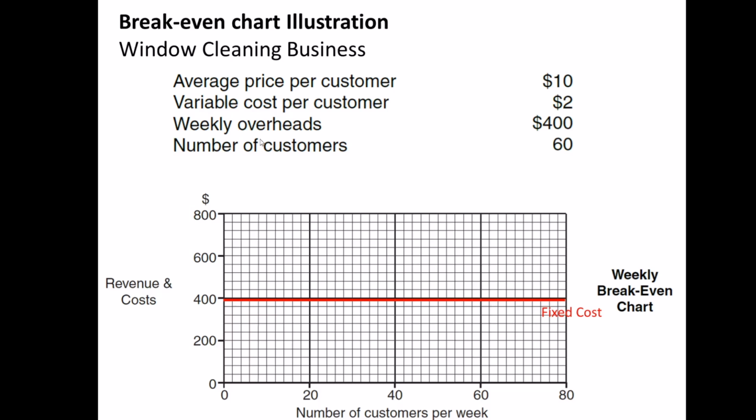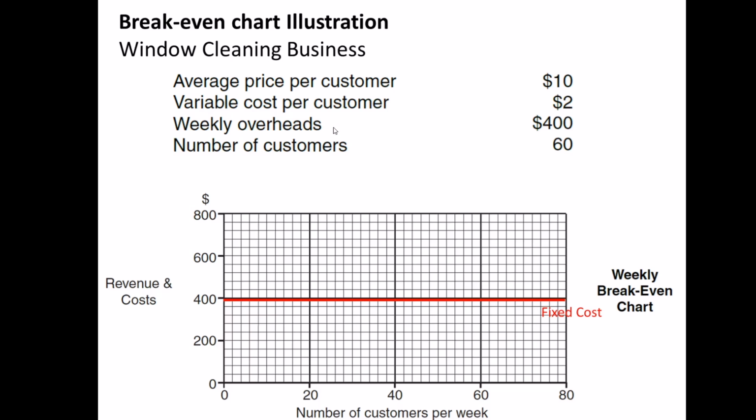Well, it depends on how they describe the cost. But here, because they said weekly overheads, it is like a routine cost weekly. So we assume that's a fixed cost. Of course, overhead is just a general term.